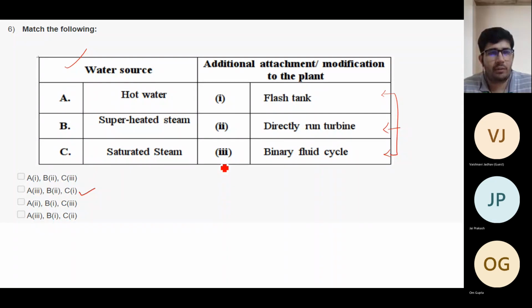Is it mentioned that only one option is correct in the question or not? So it is not mentioned that only one option is correct. So maybe one or more options can be correct.